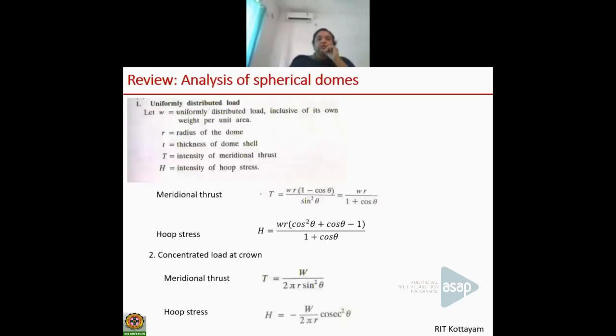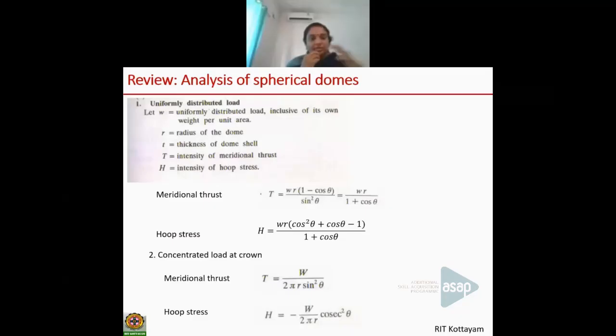So this is a recap of what we studied last class on the analysis of spherical dome. We have seen that hoop stress exists, and also we have two cases: uniformly distributed load and concentrated load, and also the semicircular domes.